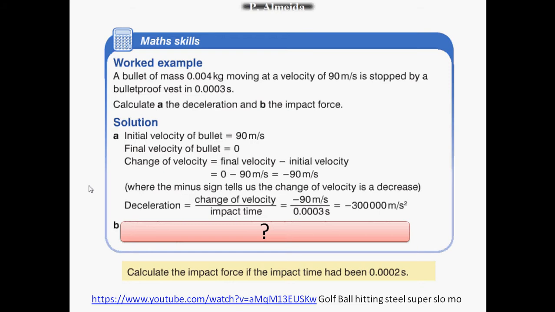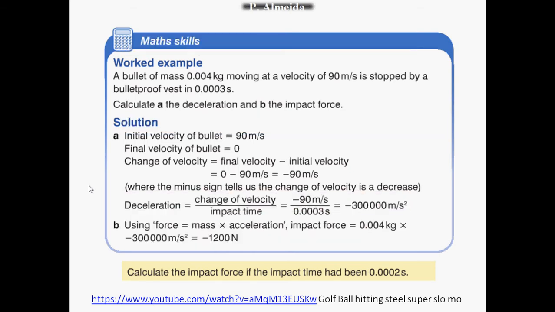Now, the impact force. Well, I know that force equals mass times acceleration. I can use that formula, and I get that the impact force is 0.004 kilograms times minus 300,000 meters per second squared. This gives me an impact force of minus 1,200 newtons.